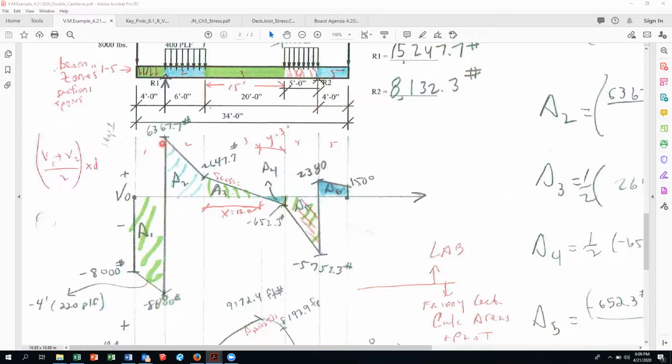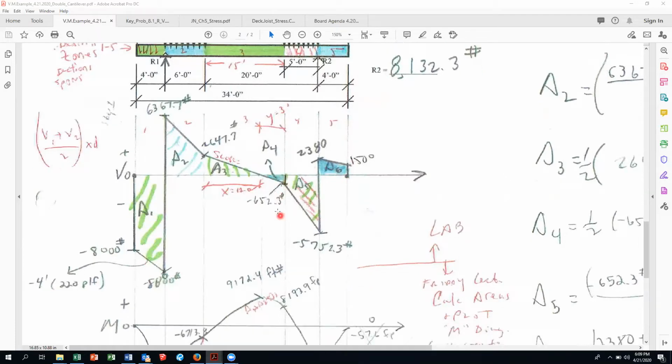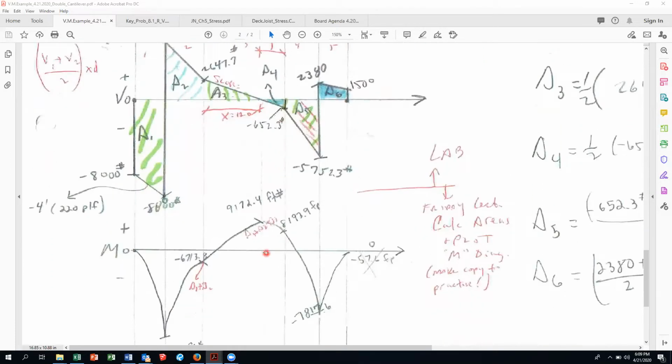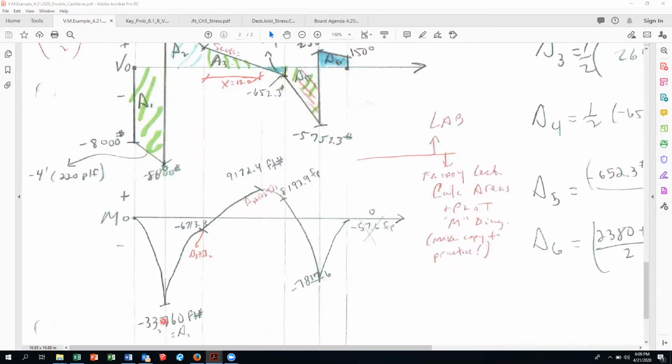So what you want to do is study this as a review for the test and learn how to generate any one of these values at the significant points, both on the shear diagram and on the moment diagram. And I've laid it out for you here in ancient Babylonian Sanskrit that the value of the moment curve here is the area 1 value. This is area 1 plus area 2.